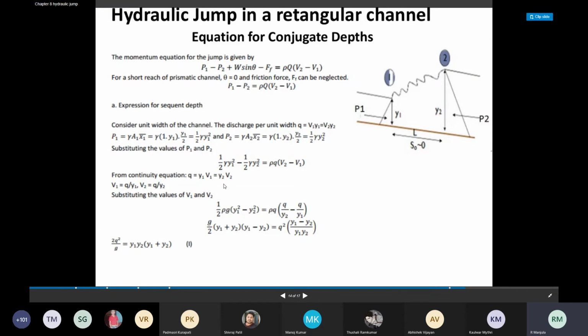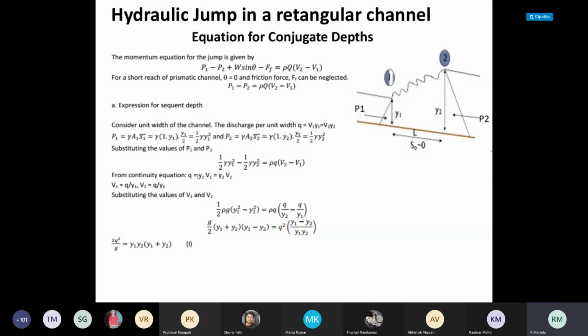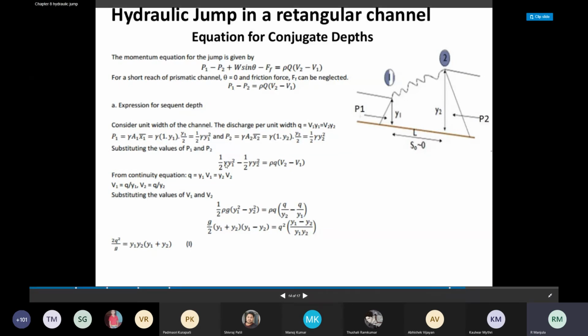Okay. So from the continuity equation, you know small q is y1 v1 is equal to v2 y2. So substitute for v1 and v2, and what you will be getting is 1 by 2 into rho g, where rho g is nothing but gamma, into y1 square minus y2 square on the left hand side. On the right hand side you have rho into q into v2 minus v1, which you write in terms of q: q by y2, q by y1.